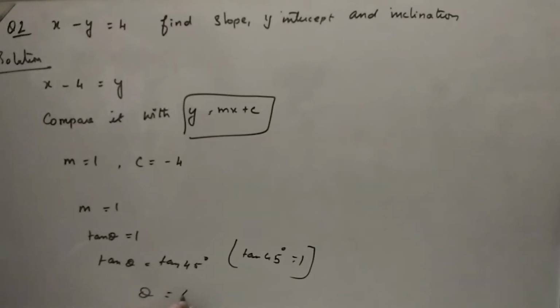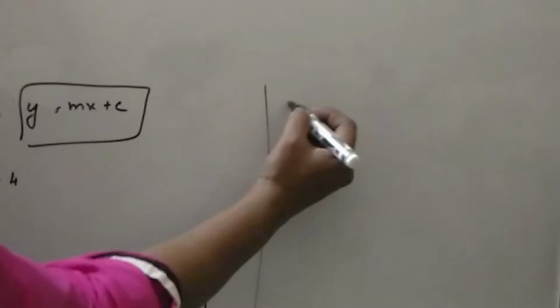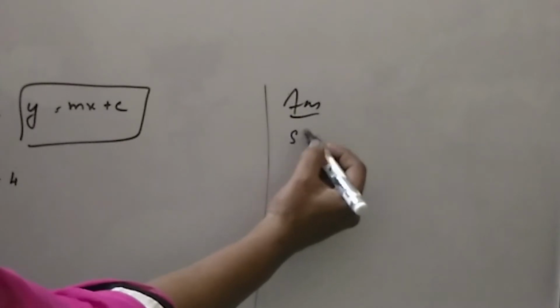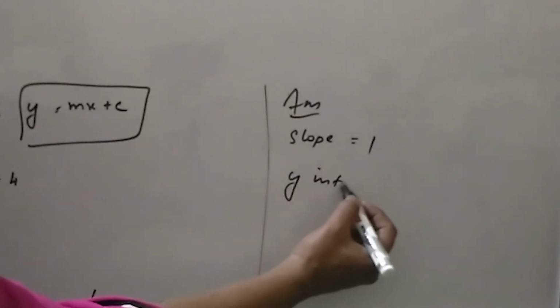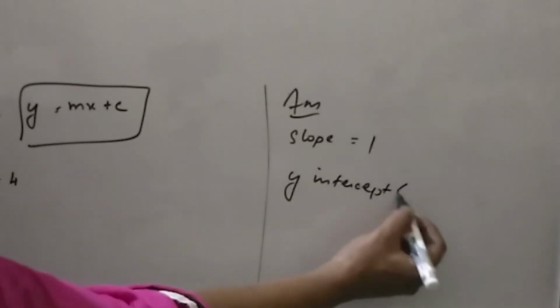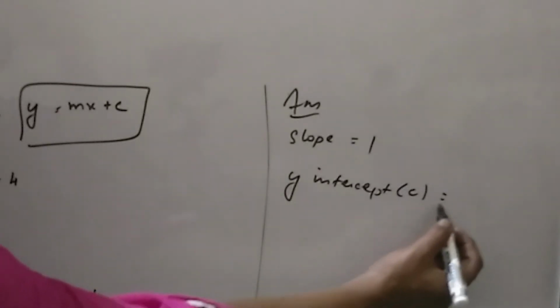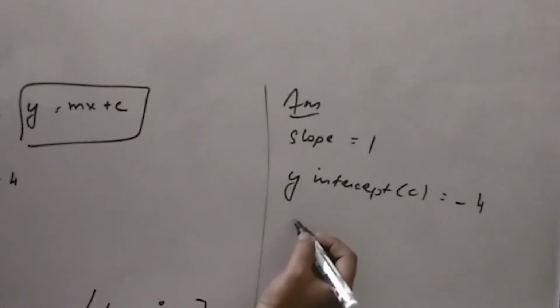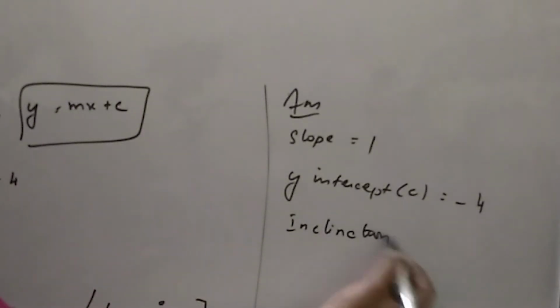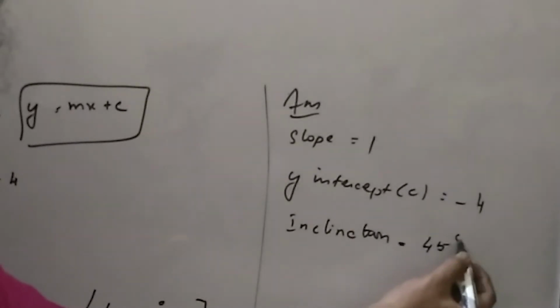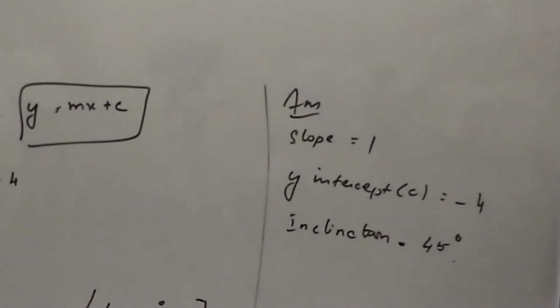Therefore, theta is 45 degree. What is the angle of theta? 45 degree. Now write the answer. Slope is equal to 1. Y-intercept is equal to minus 4 and inclination is equal to 45 degrees. Okay.